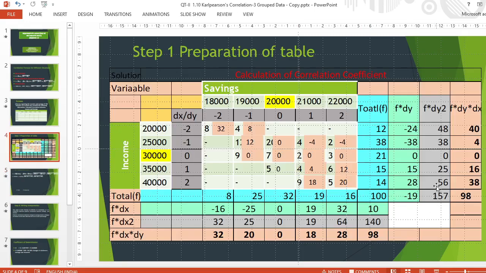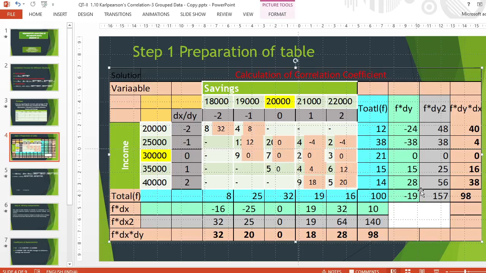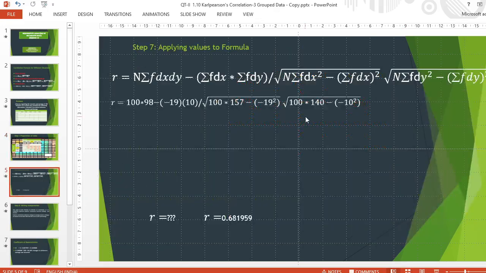So summation f dx value is minus 19, so whole square. So minus 19 square. Then 100 into summation f dy square is 140 minus f dy is 10 whole square.